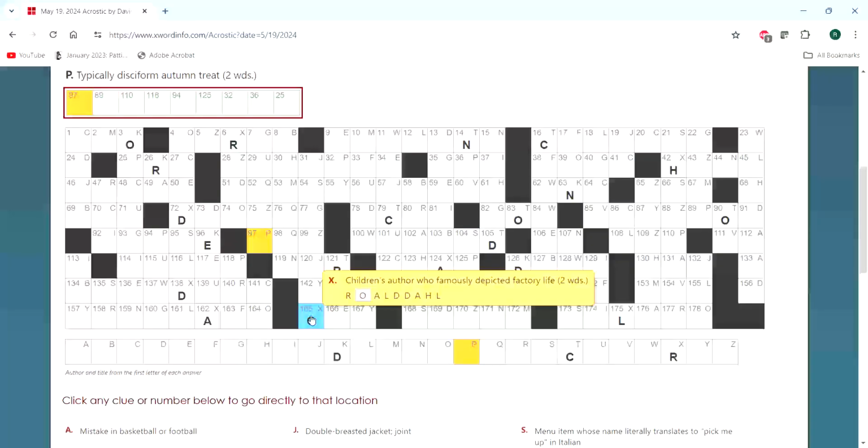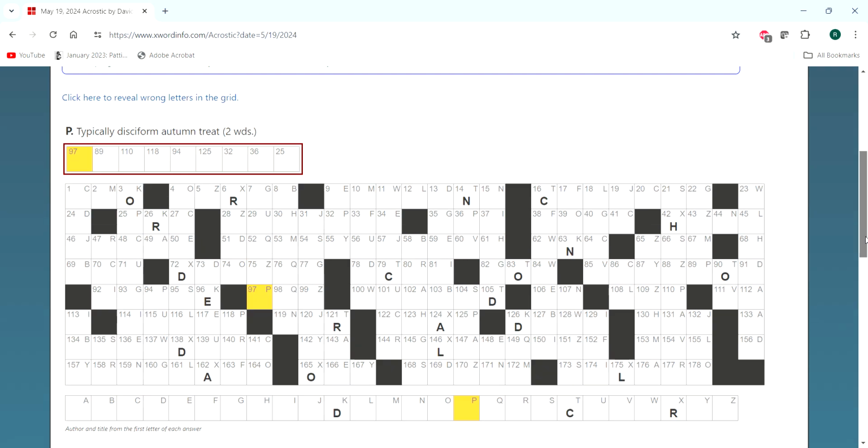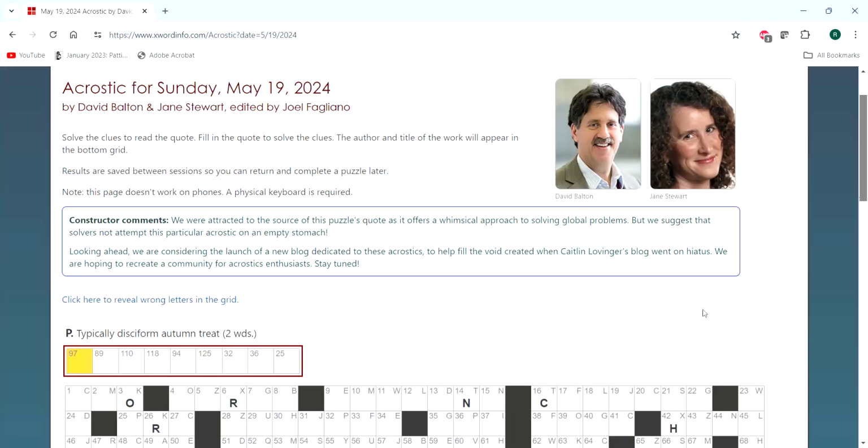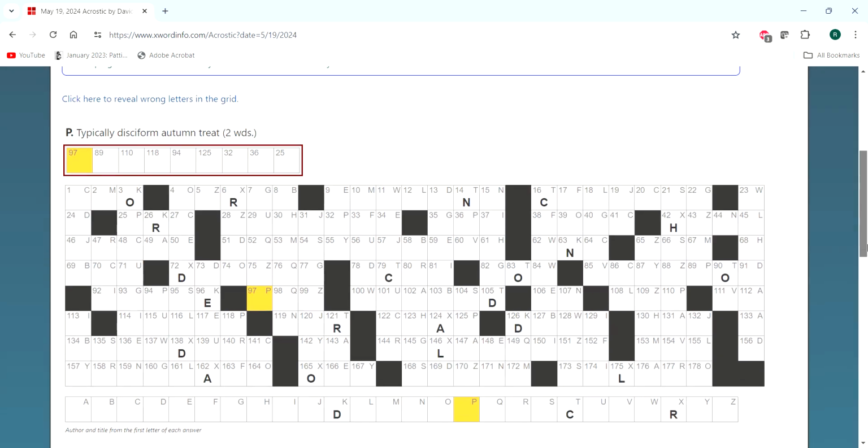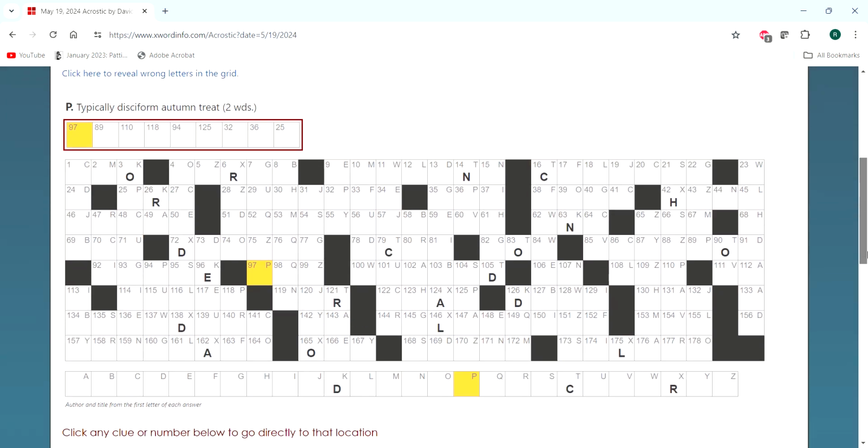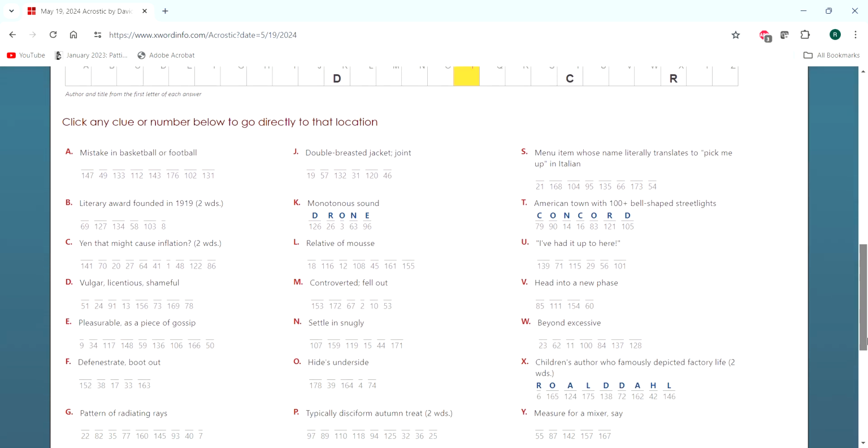Typically disciform autumn treat. All right, I'm getting the sense from 3 of these clues that we're talking about candy making, treats, etc. Oh, and remember, it says that we suggest not solving this acrostic on an empty stomach. So we could be talking about food, candy making factories, etc.